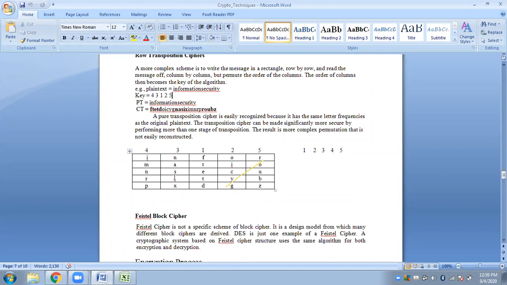Here I will first place the key as I have chosen: 43125. Then I will place the plain text. Please do not confuse Playfair with row transposition.